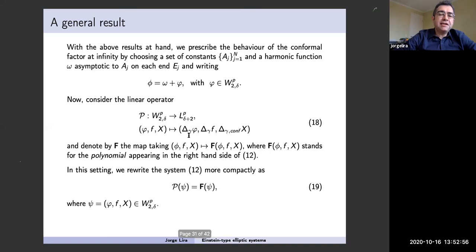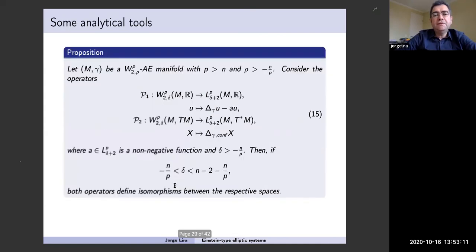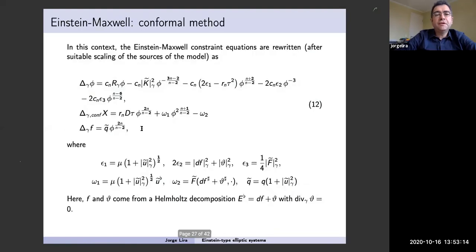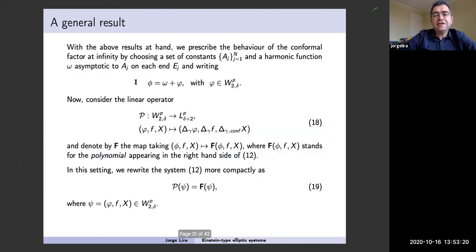So that's, say, the principal part of the operators, and the nonlinearities that appear on the right hand side are this F. So the system 12, which is that one, has three Laplacians and a lot of complicated stuff here. The system 12 is written in terms of this guy here. It's just a notation, but F is quite complicated.